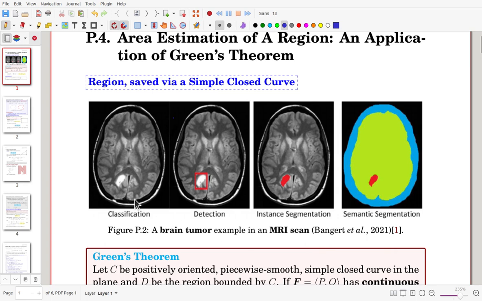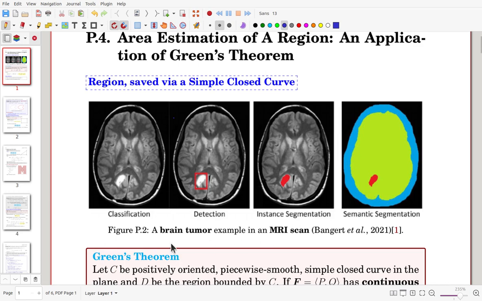In the image, tumor cells are detected, and by using a segmentation algorithm, we can get this region, and it can be saved using just the boundary information, so that it can be a curve. Then along the closed curve, we can estimate the area quite effectively.